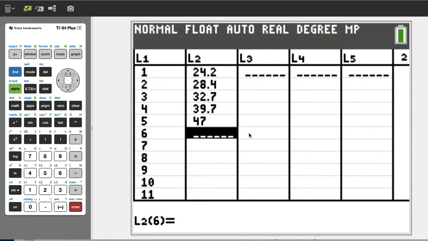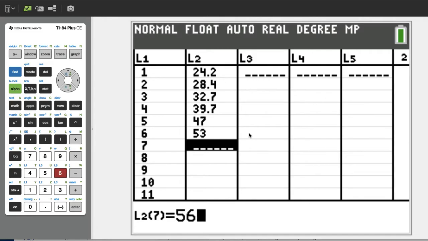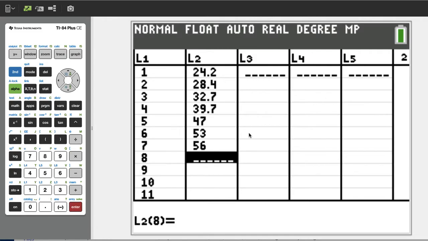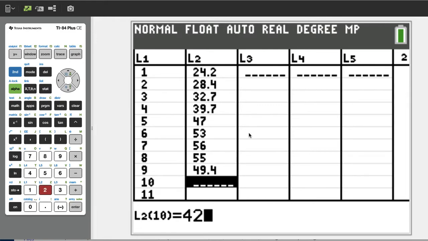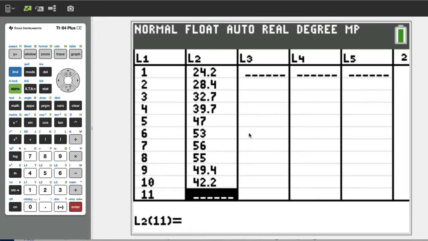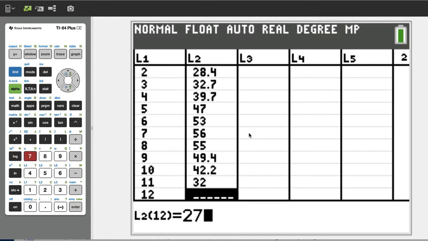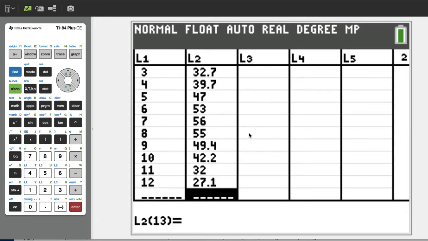So in May, the average temperature is 47 in Juneau, Alaska. In June, it's 53. I could get used to this. July, 56. August, 55. September, October, November, and December. Okay.